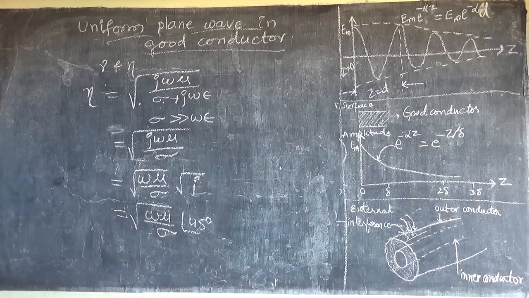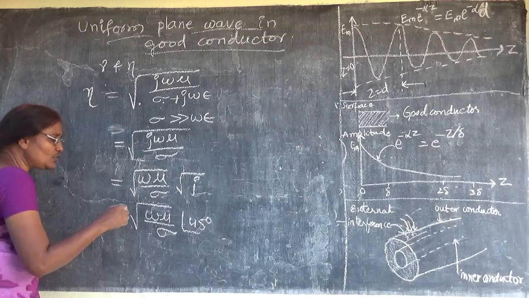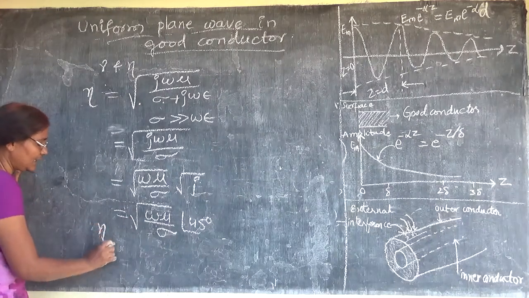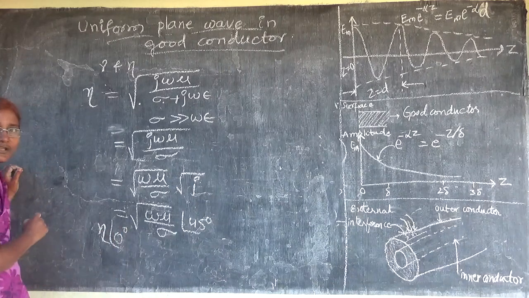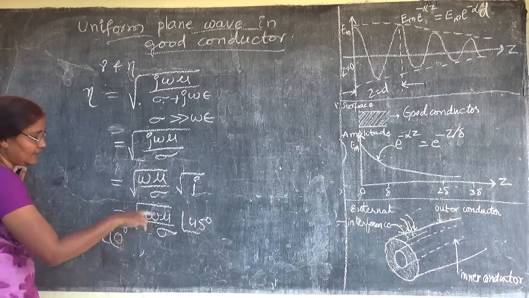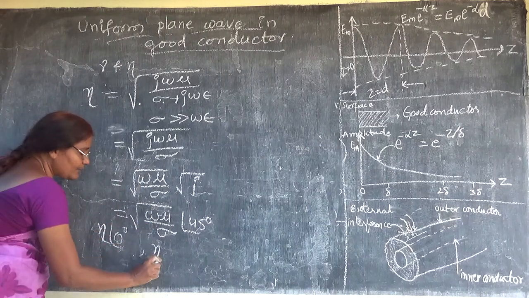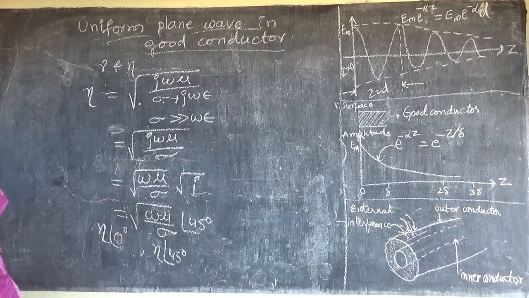And you should remember that for a pure dielectric, the angle of intrinsic impedance is 0 degrees. And for a good conductor, the intrinsic impedance angle will be 45 degrees.